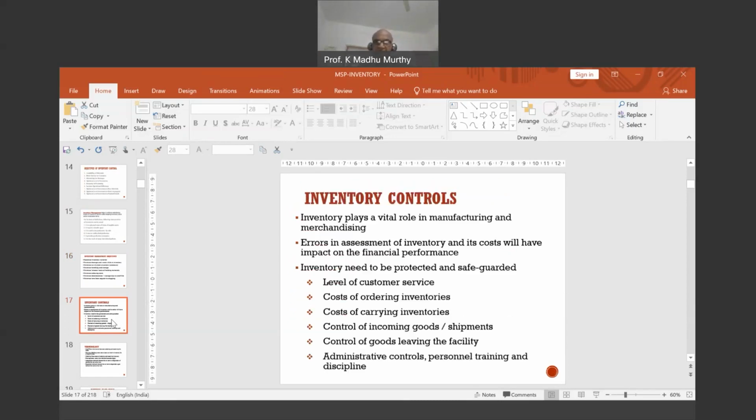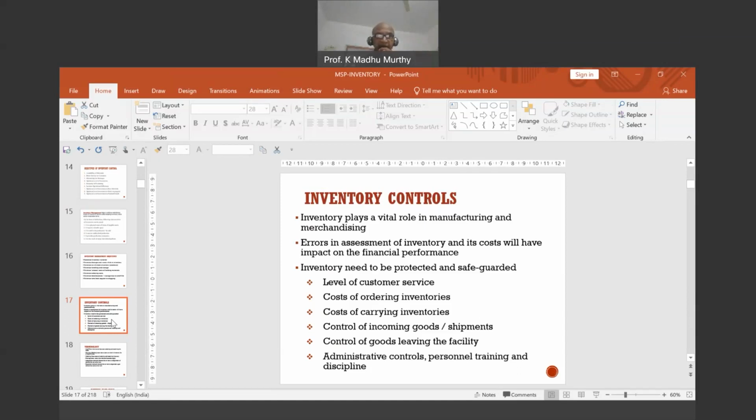As we realize, it's a very important aspect of management, playing a very vital role in manufacturing and merchandising. In fact, we are surprised by the way a pharmacist maintains an inventory of various medicines and the systems that he follows.